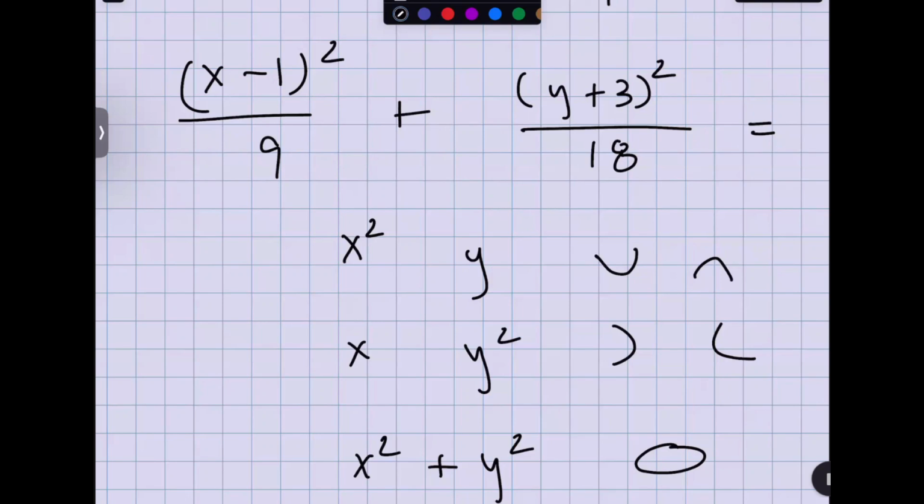And this is the reason why I purposely specified that part. If you look over here, it says it was an ellipse. That's why I did this.